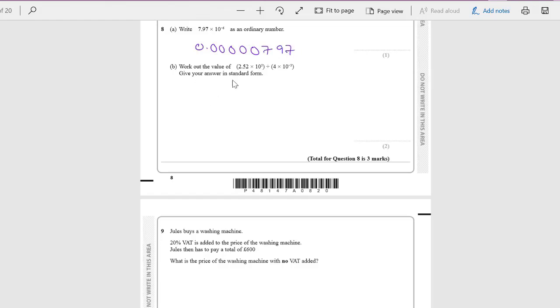And then B, work out the value of 2.52 times 10 to the power of 5 divided by 4 times 10 to the power of minus 3. Give your answer in standard form. So one thing that we can do is we can write it out properly.